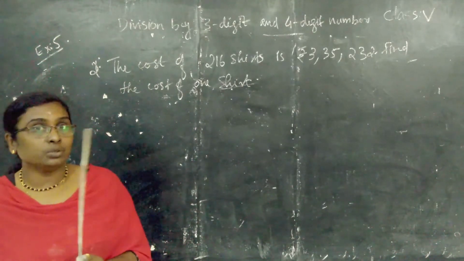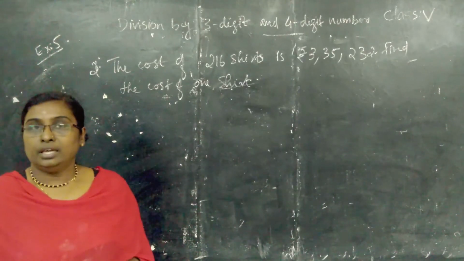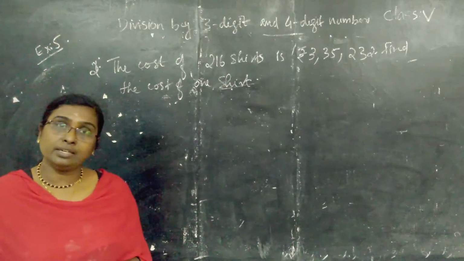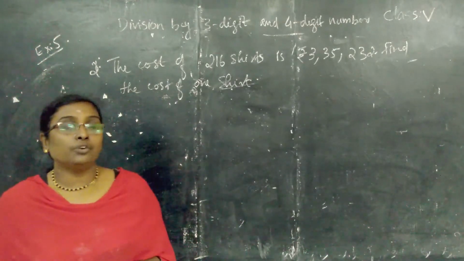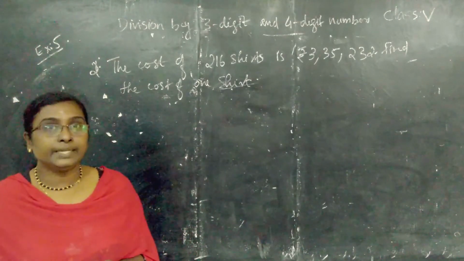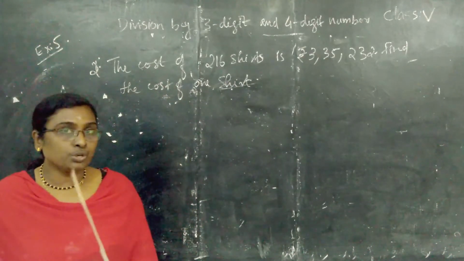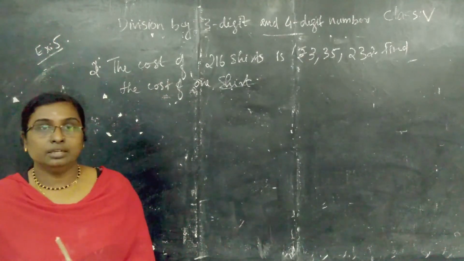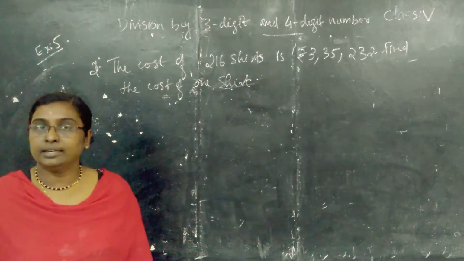In order to find the cost of one shirt, we have to divide. If the cost of one shirt is given and we have to find more, how we get the answer? Multiply. Okay. Here we have to find the cost of one shirt. In order to find one shirt, we have to divide.